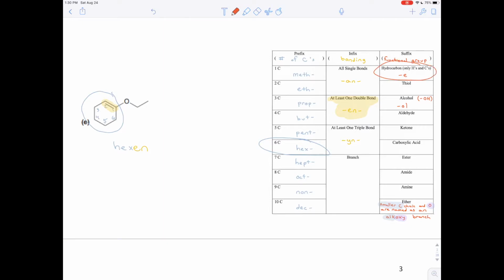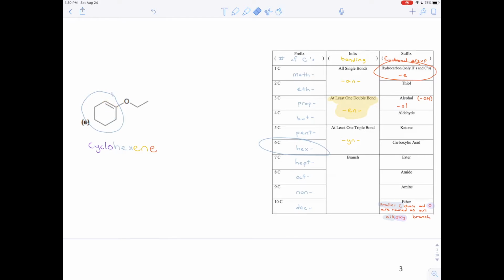So the suffix here is going to be e to represent that you have a hydrocarbon, just carbon and hydrogen. So hexene. Another thing you'd want to notice is that this is going in a ring, and whenever a carbon chain is going in a ring, you add cyclo in front of the name to say, all the other information we just talked about, but also it's going in a ring. So that's cyclohexene.